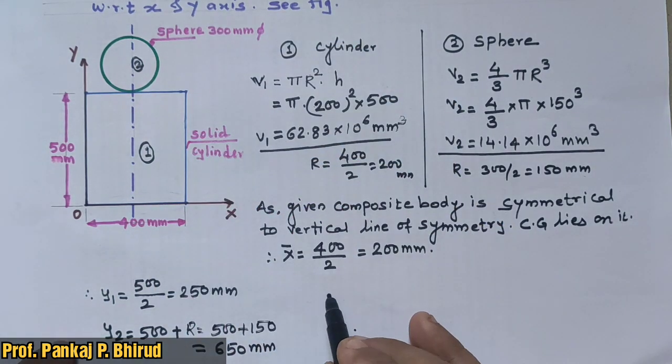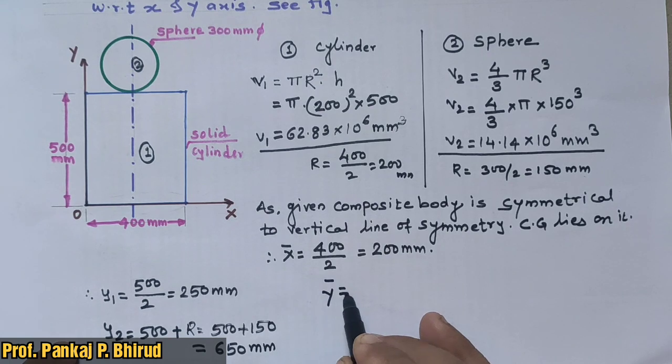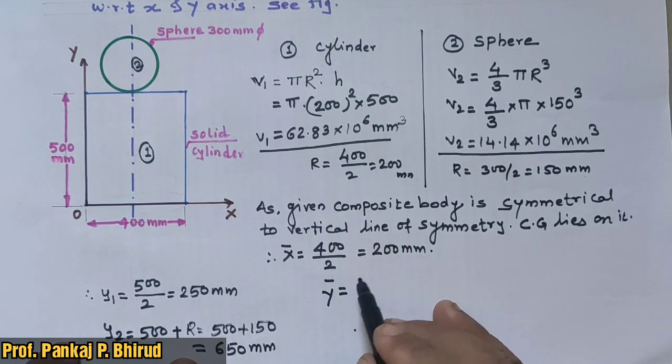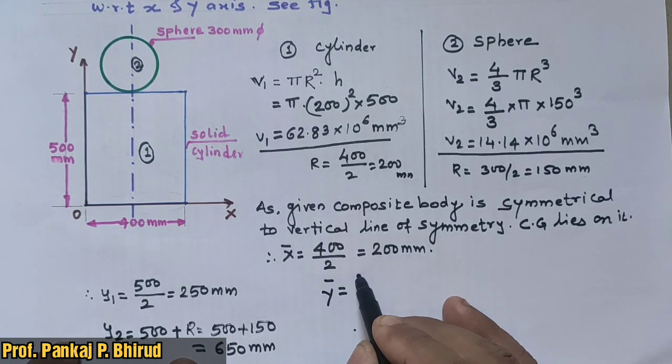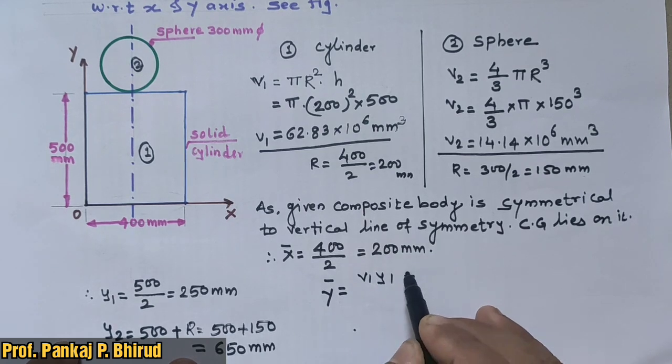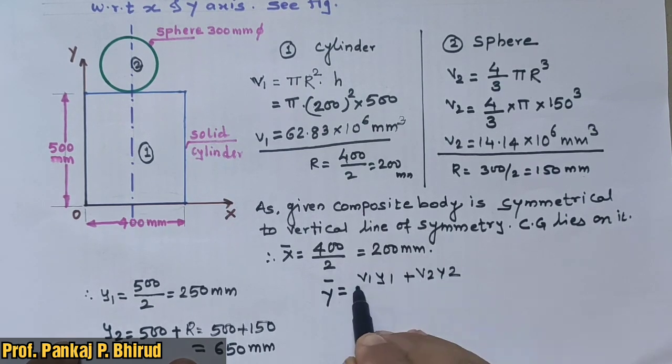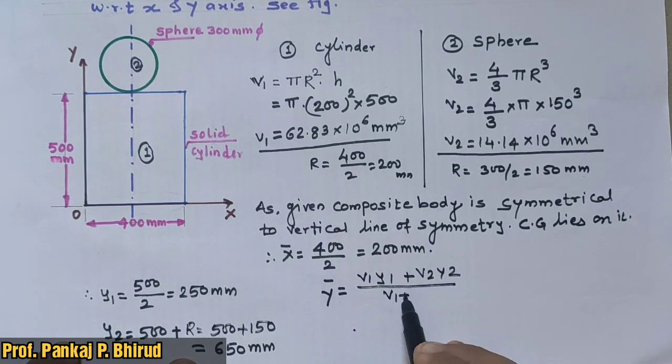Now calculate y bar. By the formula, y bar equal to v1 y1 plus v2 y2 upon v1 plus v2.